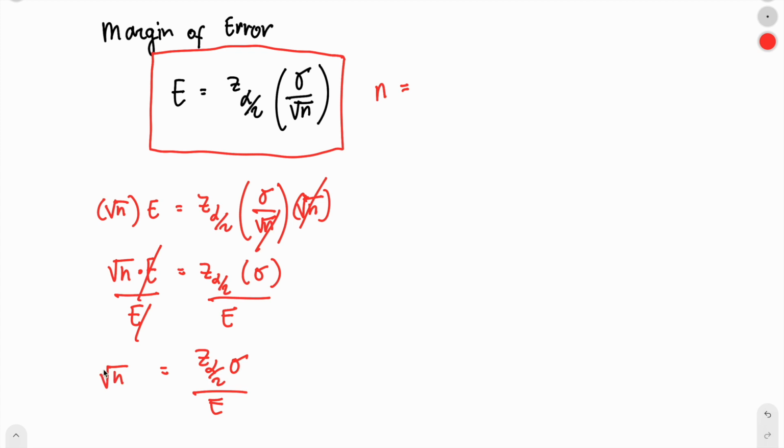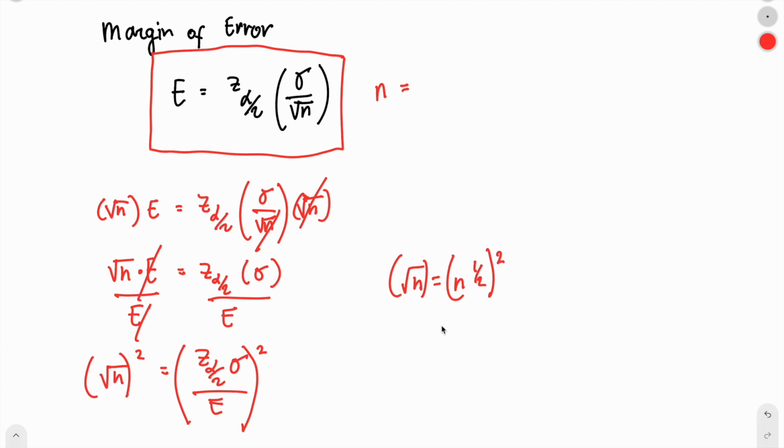And to get rid of the square root here, we square both sides. If you remember, square root of n is actually equal to n to the 1/2. And if we square this, this is times 2.